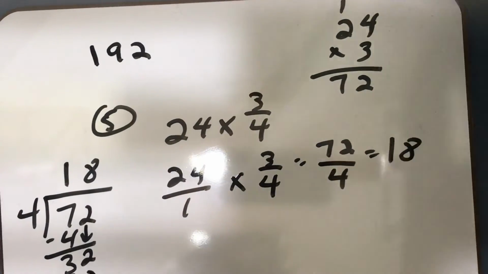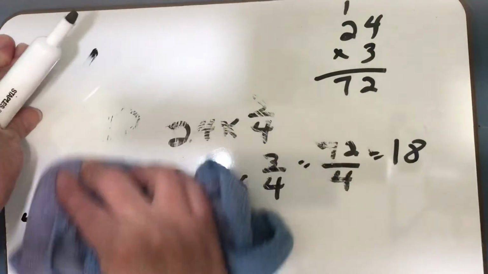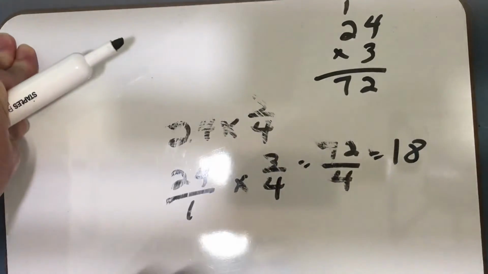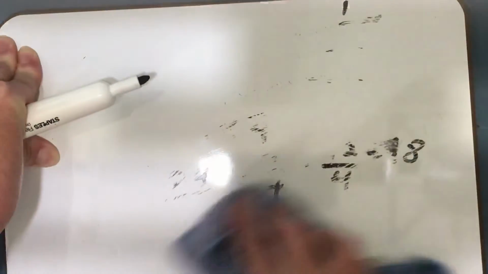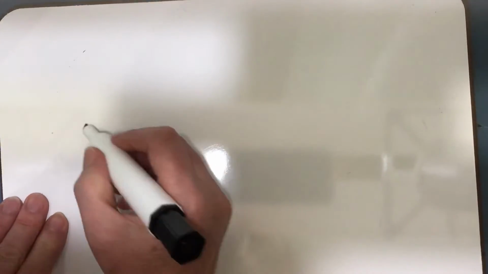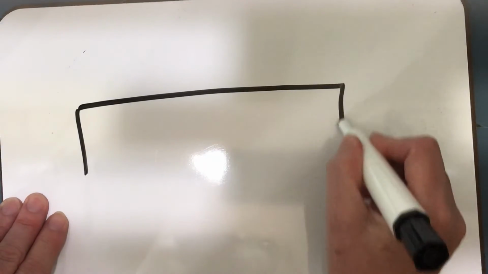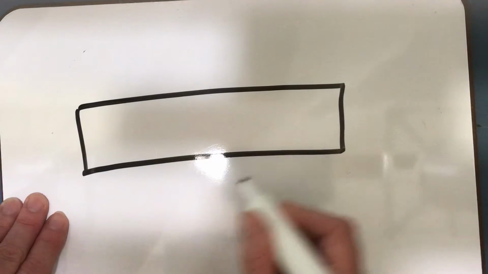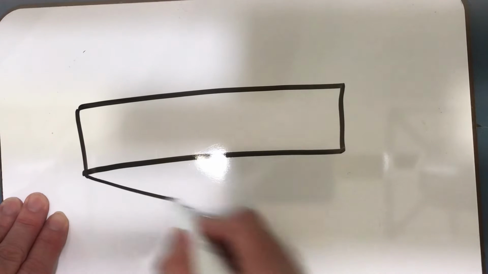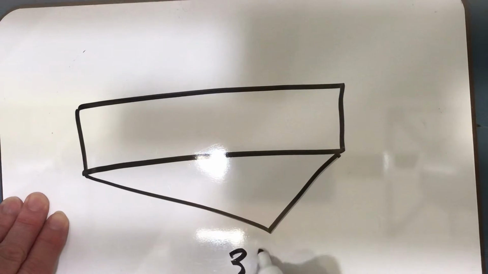Okay, and then you have 2 word problems. Number 11 says, of the 30 students in Taylor's class, 2/10 are left-handed. How many are right-handed? Okay, so you need to think about that. So let's draw a bar. Okay, there are 30 students in Taylor's class. That's our total. 30.